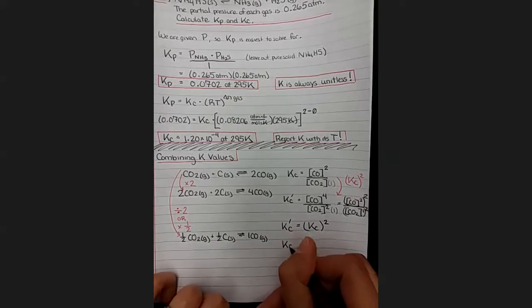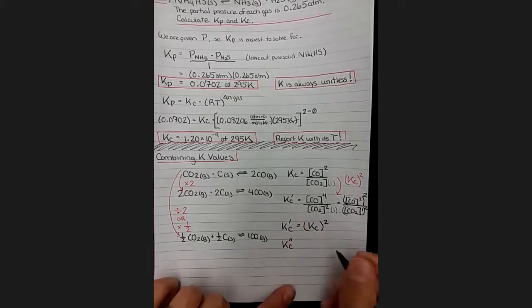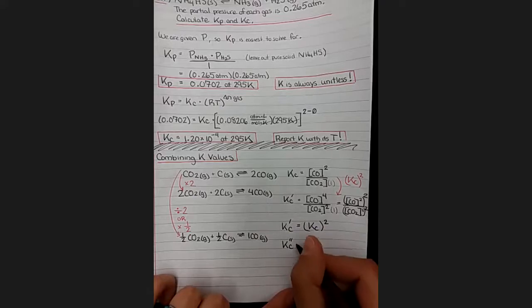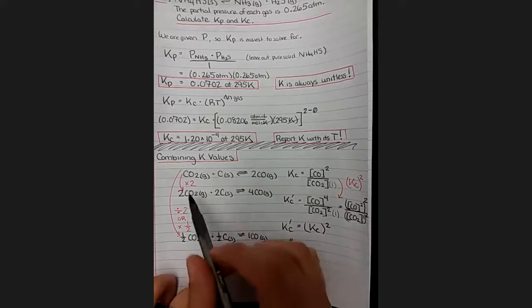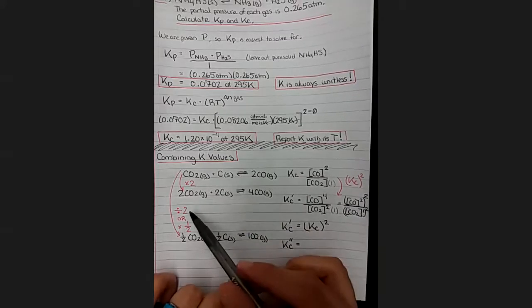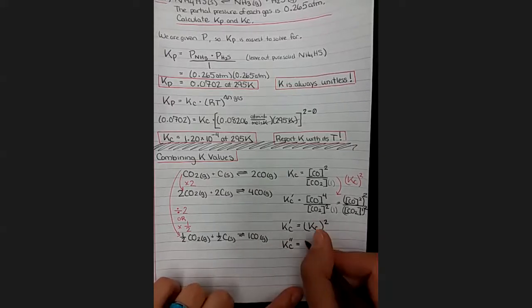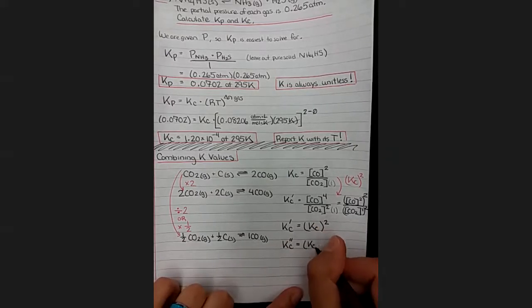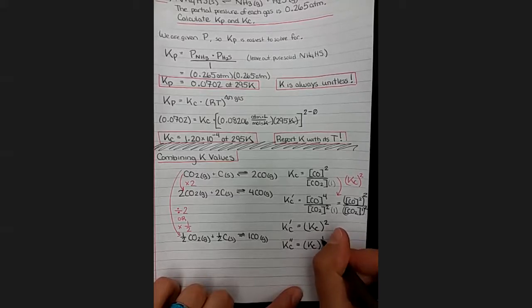Okay, so the equilibrium constant for this one we'll call K double prime. And so the same rule applies here. When we multiplied by 2, we took the equilibrium constant to the second power. So when we divide by 2, it's the same as multiplying by 1/2. And when we multiply, we raise it to that power.